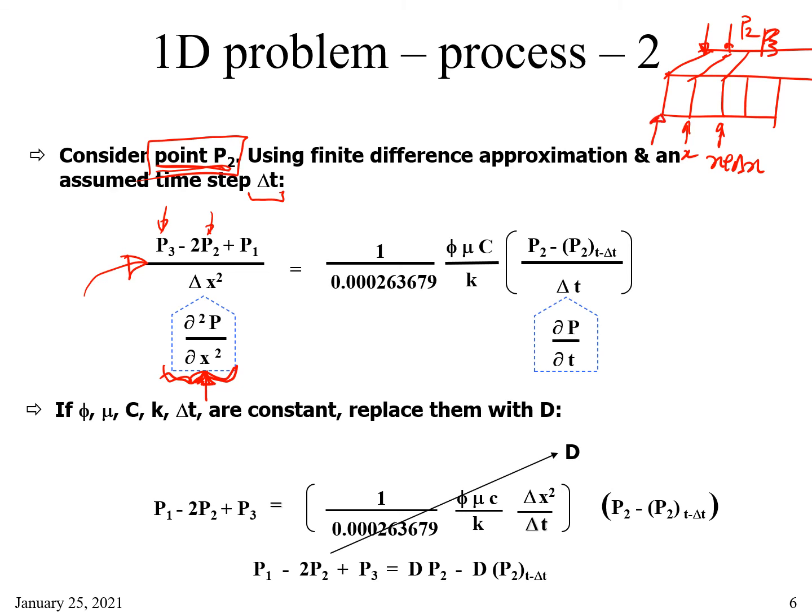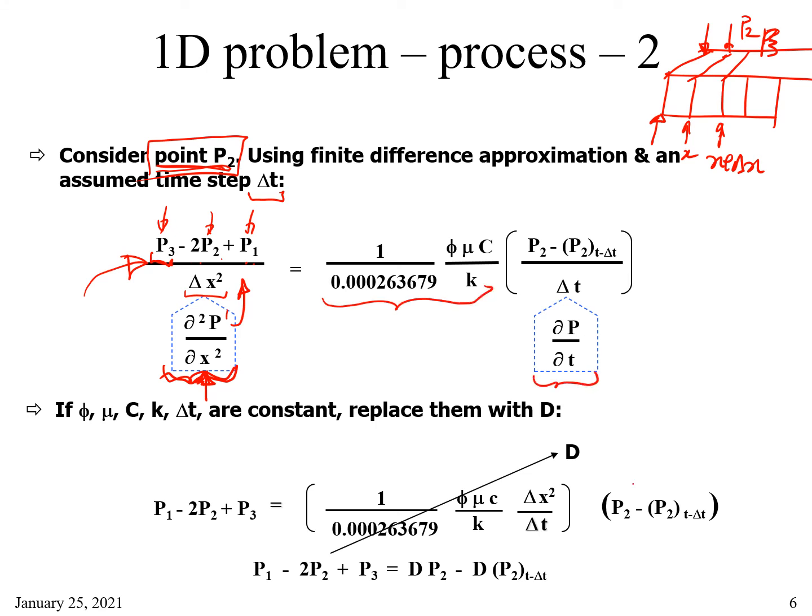And x minus delta x will be point P1. So that's the equation. f of x plus delta x minus 2f of x plus f of x minus delta x, divided by delta x squared. So we've just substituted the second order central difference for the d2p/dx squared. Same as in the previous equation.